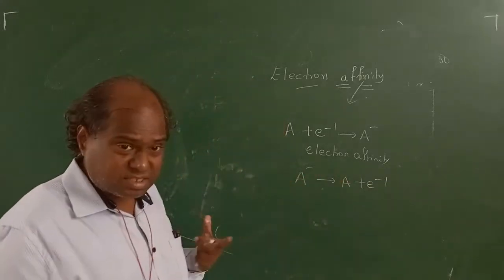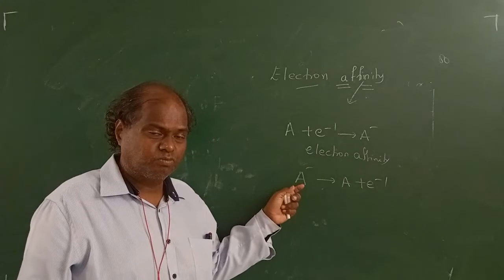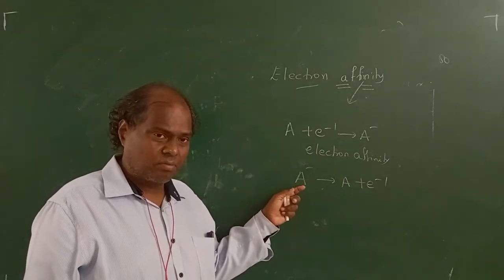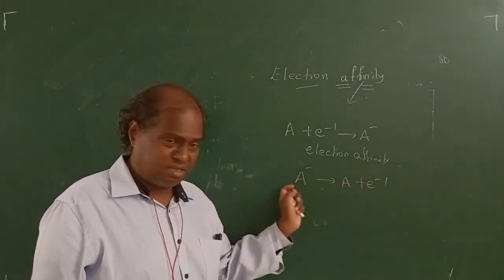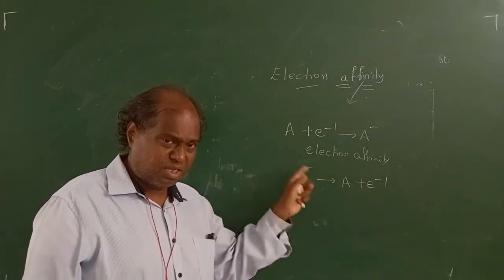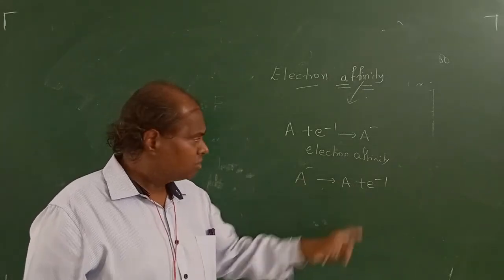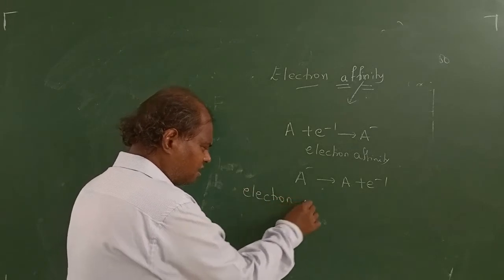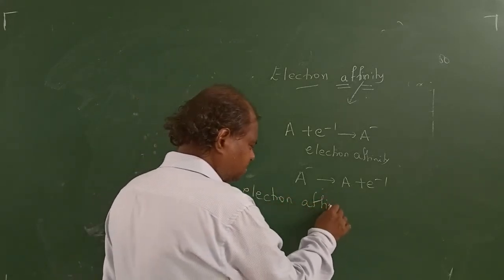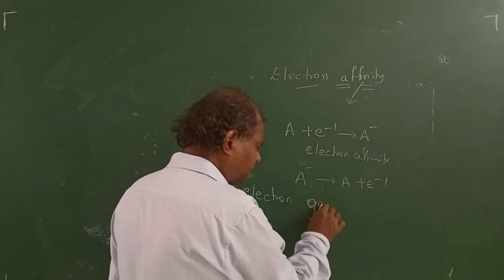Can I say the reverse is the ionization potential of A minus? A minus is losing an electron, and losing an electron is called ionization. So I can say electron affinity of A, or better, electron gain enthalpy of A.